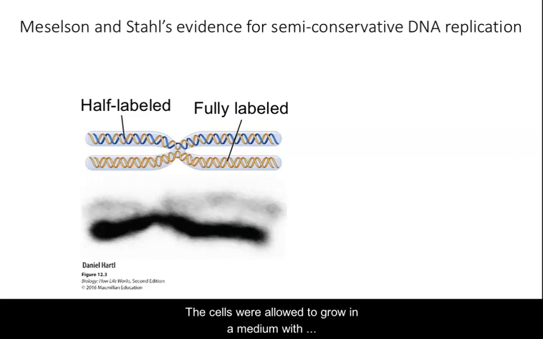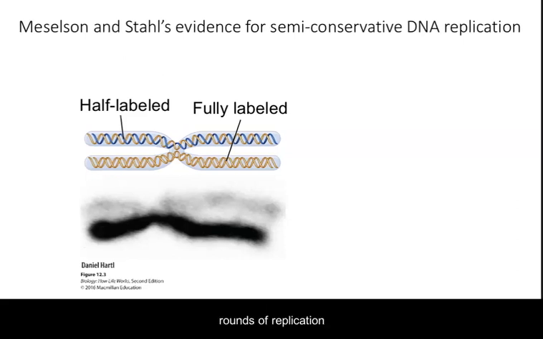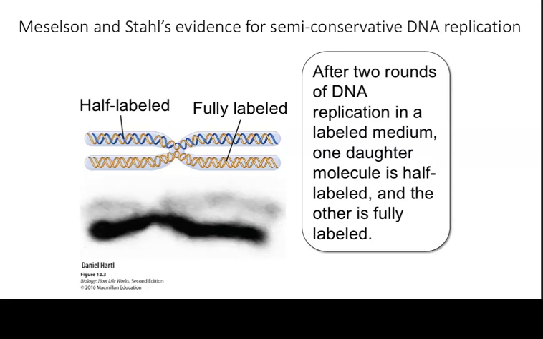The cells were allowed to grow in a medium with fluorescently labeled nucleotides, and after 2 rounds of replication, the resulting chromosome was photographed at metaphase, because remember that chromosomes align in the center of the cell during metaphase, and they're condensed, so they would be very readily seen.